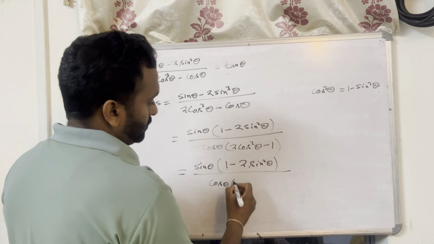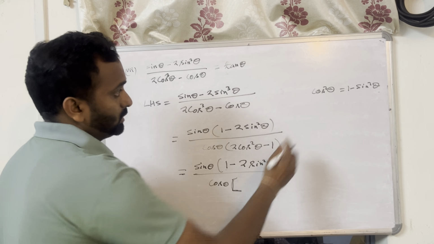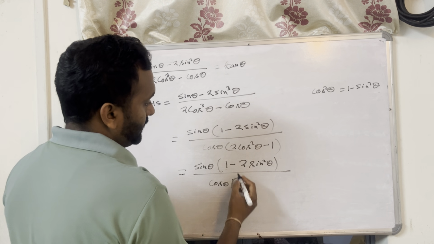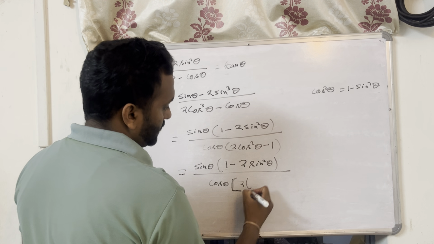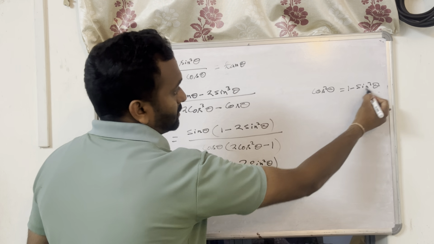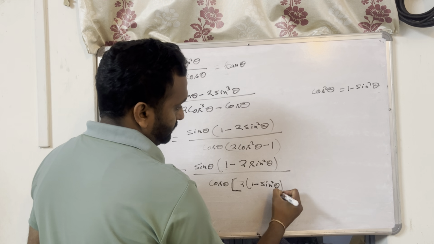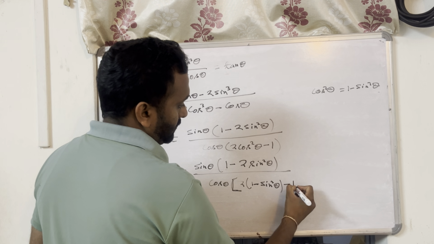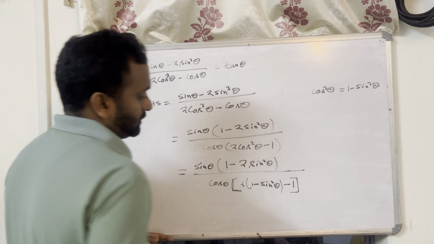So I will put this under this bracket. So here I have 2, so I will be writing 2, then within bracket I will be writing the value of cos square theta. Cos square theta is how much? 1 minus sine square theta, then we have minus 1, then close the bracket.